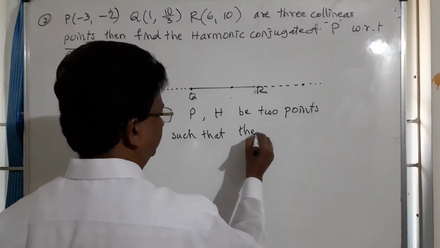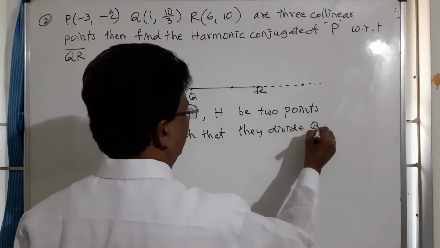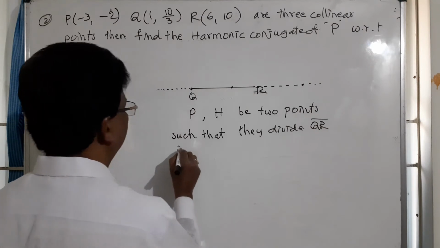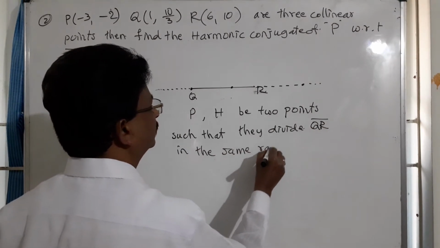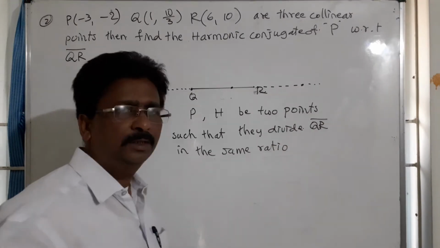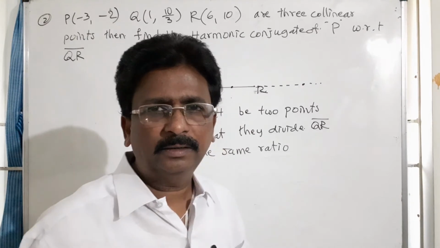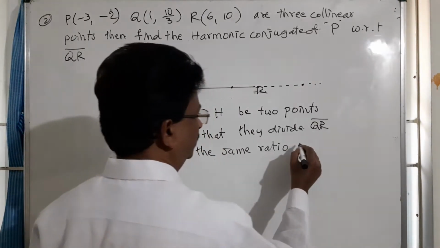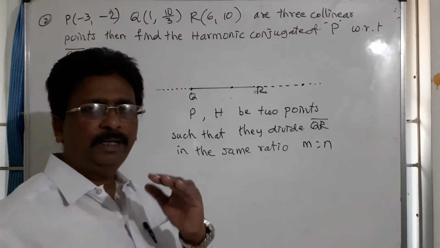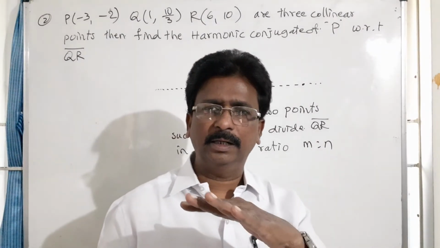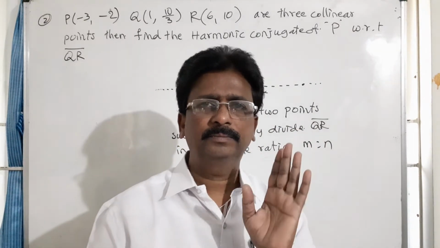they divide the line segment QR in the same ratio. Same ratio, how much ratio? Let it be m is to n. Same ratio m is to n means P divides QR in the ratio m is to n, and H also divides in the same ratio.